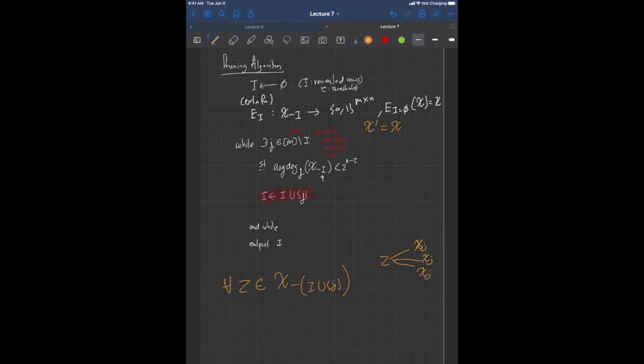So for every such z, we'll identify one particular thing, and we'll call this ej. Ej of z is just z concatenated with xj.